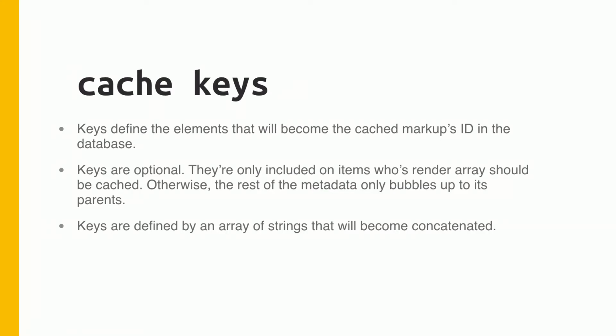And again, as we're seeing kind of a common convention, this is defined by just an array of strings, and each item in that array just becomes concatenated to form that ID. And the reason for that concatenation is because as things bubble up, new items, as we're going to see here in a little bit, can add their own elements to that and change those IDs as needed. We'll see a little bit more of these in an example here in a little bit.